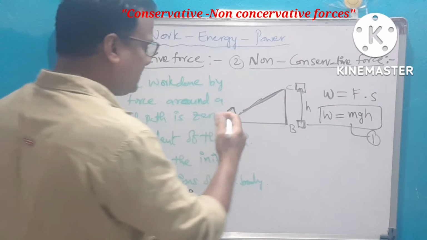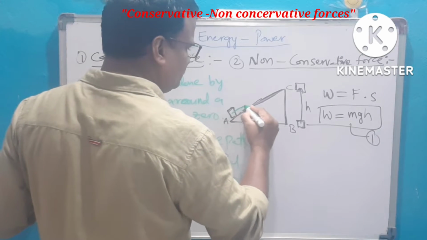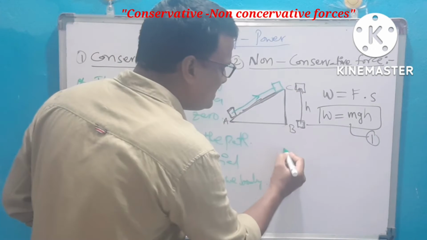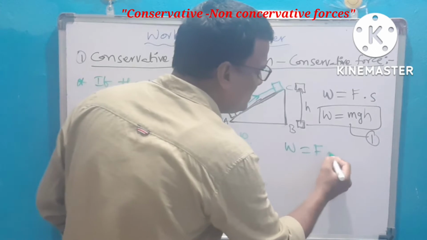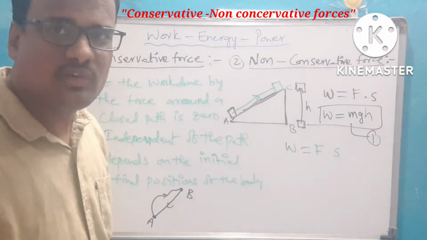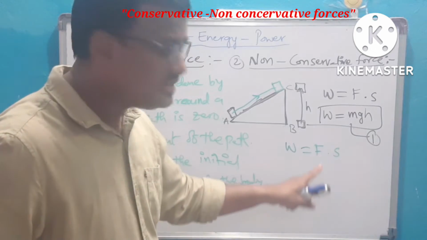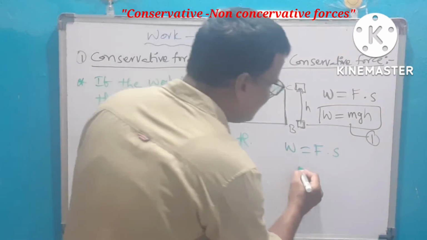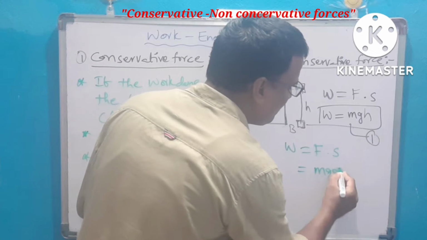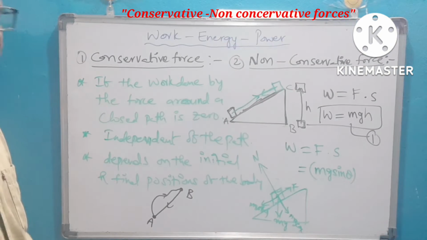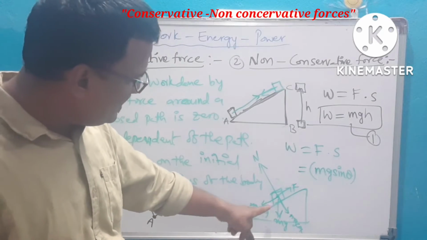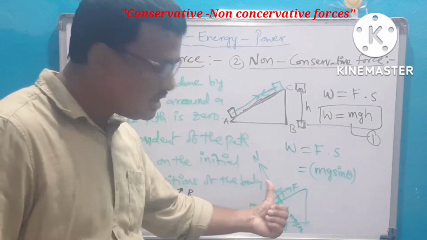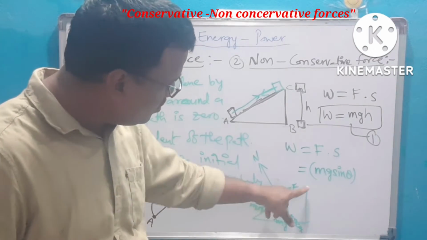Now if we move this body from this place to this place, W equals F into S. Here F, the force acting, is mg sin theta. On an inclined plane, the weight of the body acts in this direction, and the normal reaction force acts perpendicular to the plane.